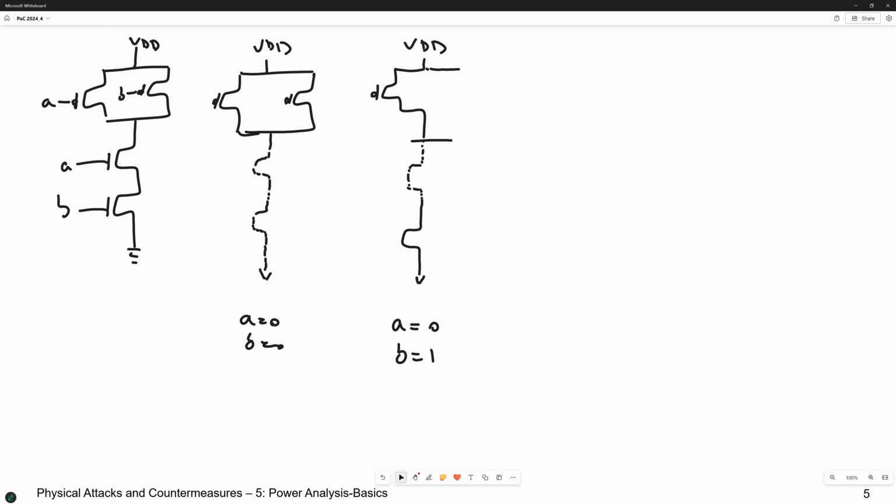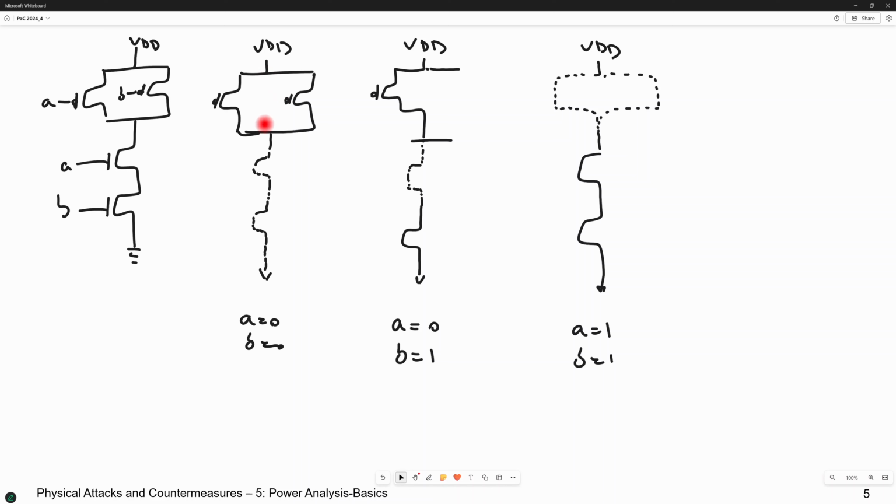And now consider that A equals 1 and B equals 1. Then you have VDD, and there is a small current passing through both NMOS transistors, and these are both conducting. You need to model this based on resistance.